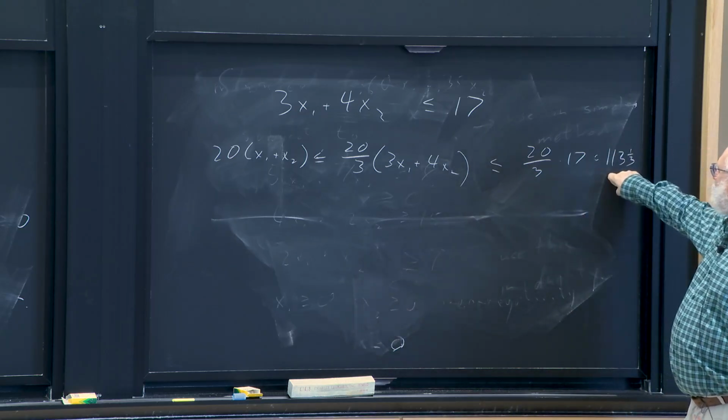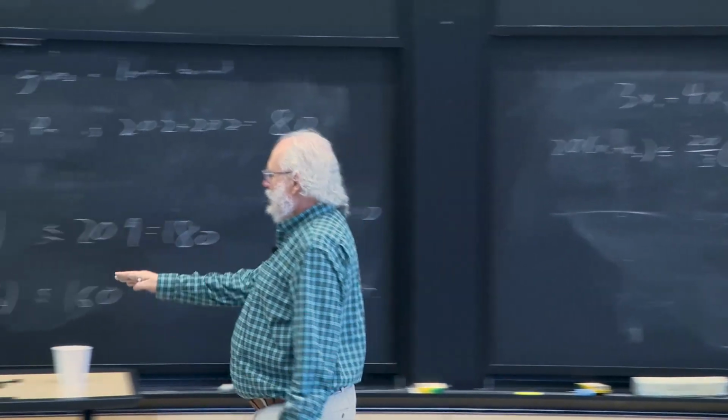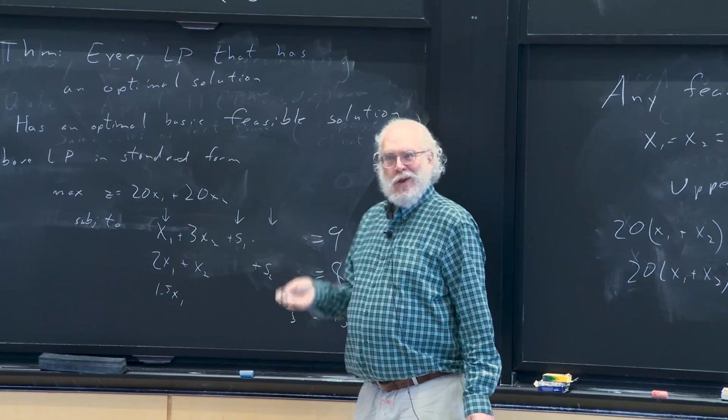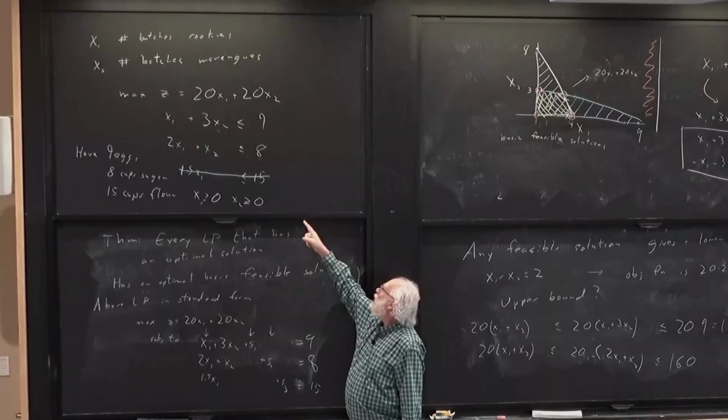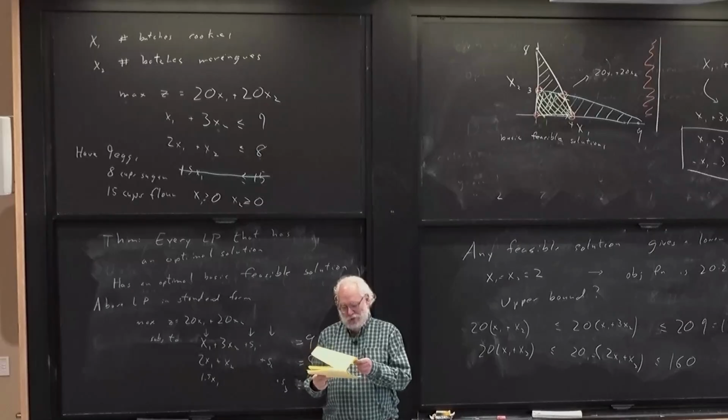OK, so we got a much better upper bound by adding these two constraints. So what happens if we find the best sum of these constraints? How does it look?